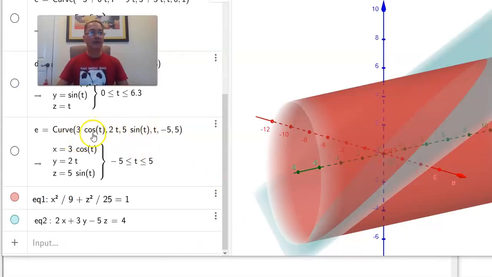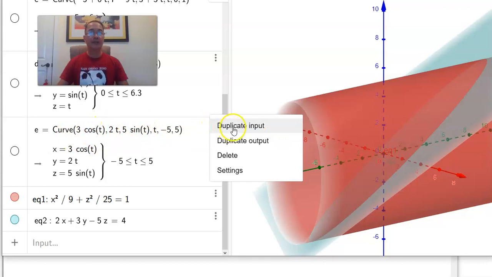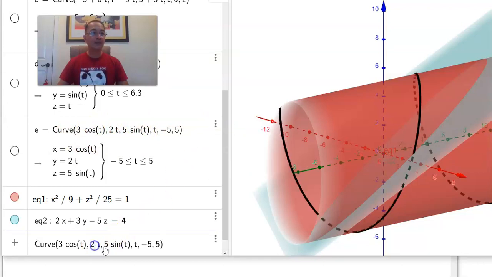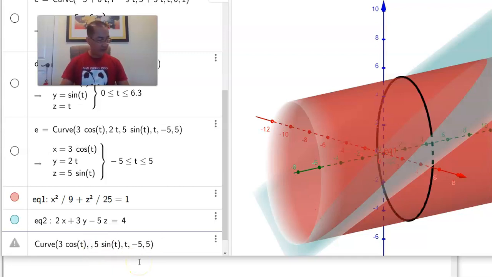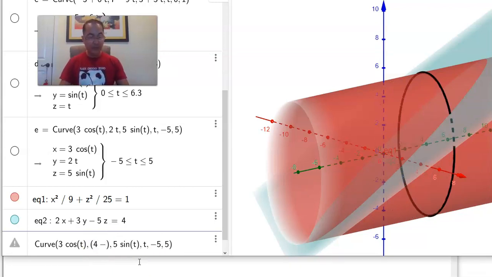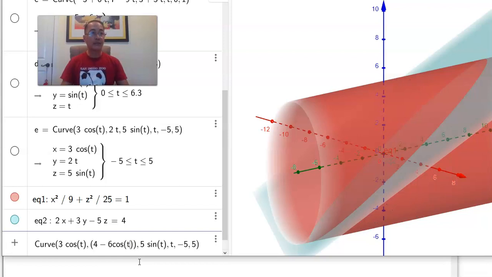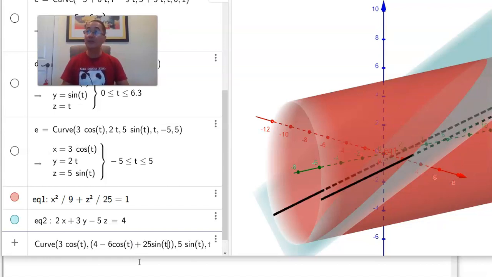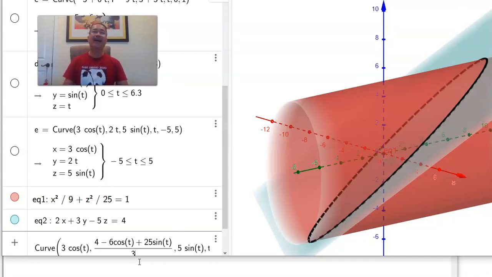We already have most of what we need over here, so let's duplicate the input and change the y coordinate into 4 minus 6 cosine of t plus 25 sine of t, except we need to divide the whole thing by 3.